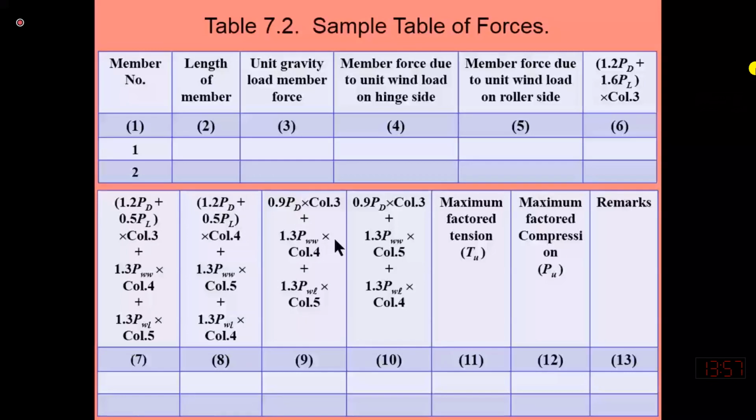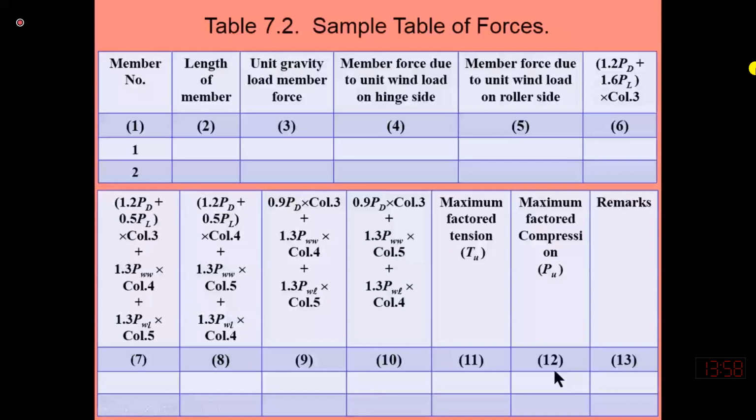Okay, now it means that for this same truss member number 1, we are having 5 factored forces. One is due to load combination number 1, one due to load combination number 2, one due to load combination number 3, one due to load combination 4, and one due to load combination number 5. Here, in the next column, we are writing maximum TU, and here maximum PU.